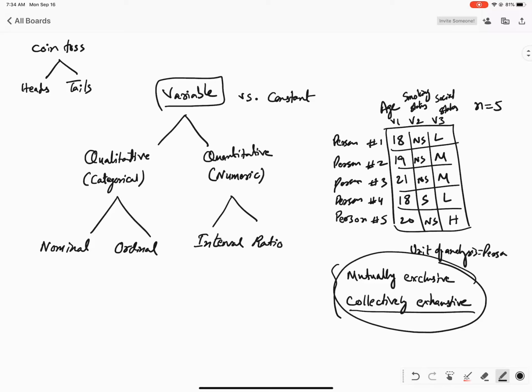If I cannot perform addition or subtraction on the numeric values in a column, then my variable is not a numeric variable. Here is an example of this. So here I am in the fourth column in my data set. I am going to collect some information about the telephone numbers of these 5 individuals. We have 5 people in this sample, and I'm going to ask for their phone numbers.